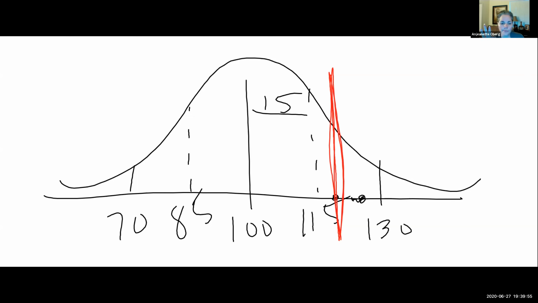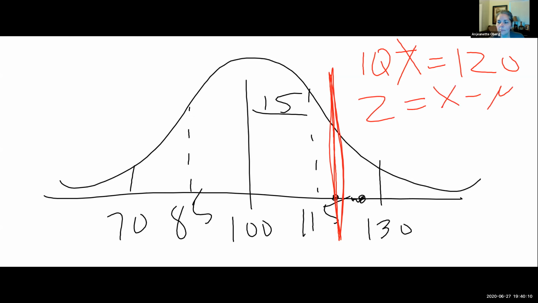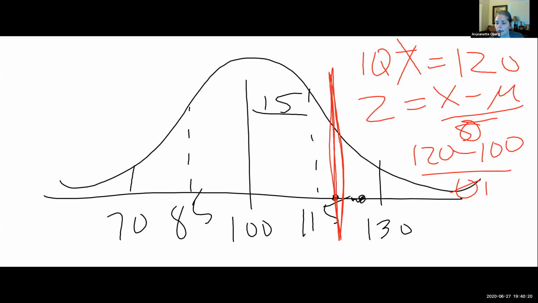It's asking me about a z-score for an IQ X of 120. So I need to figure out what the z-score is. My z formula is X minus the mean divided by the standard deviation. So in this case, it's going to be 120 minus 100 divided by 15.